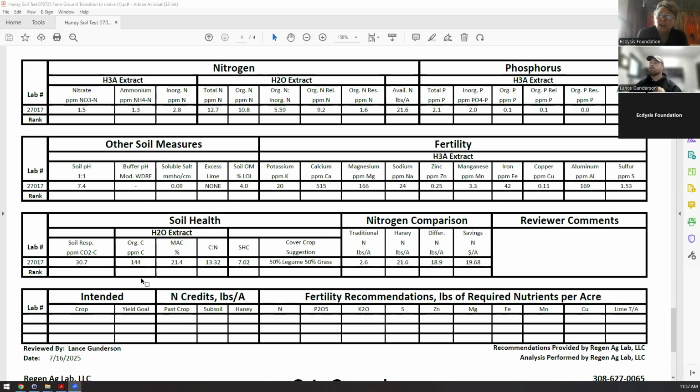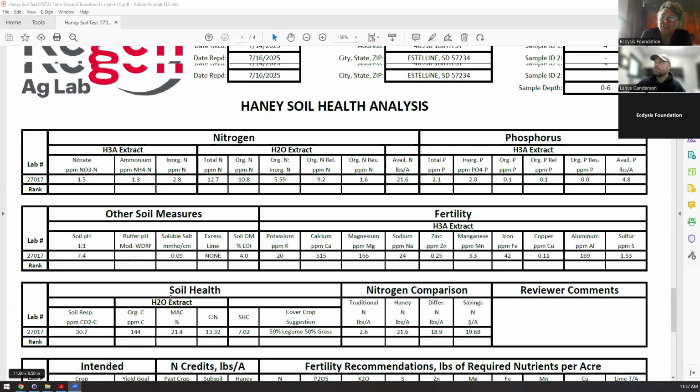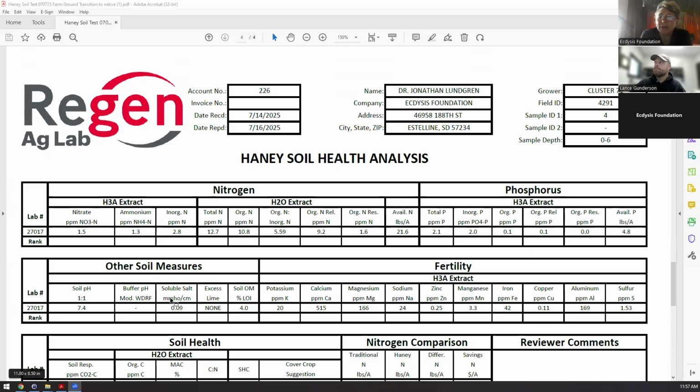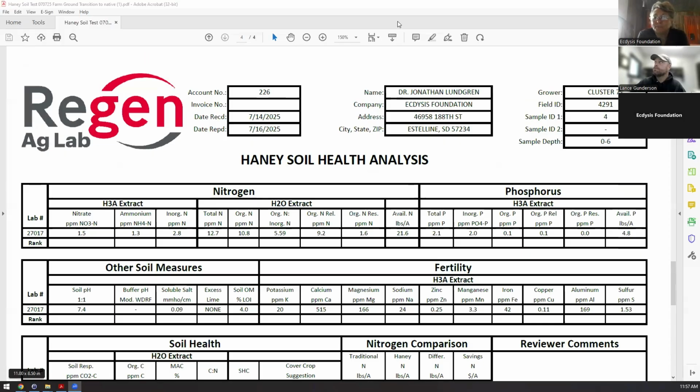Another question for you. For the Haney test and broad acre crops, corn and beans, what's the value of fall versus spring testing? Which is better to make decisions off of? That's a great question. That one typically coincides with your fertility management timing.